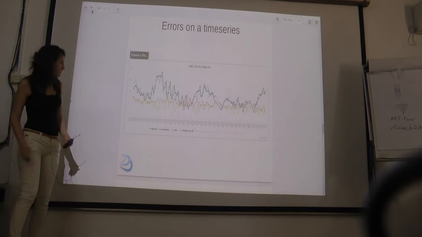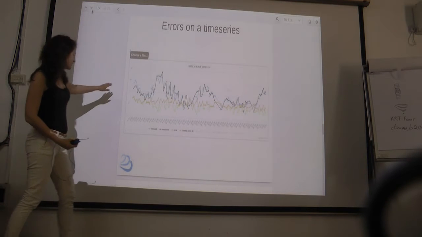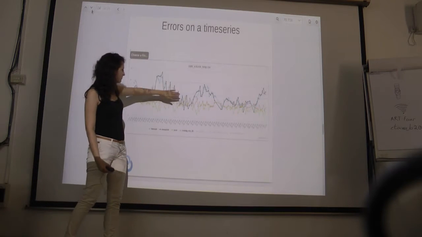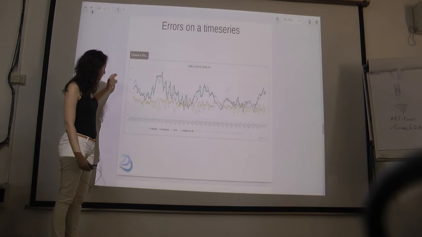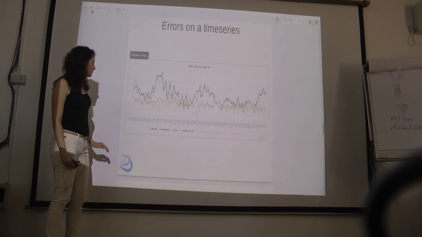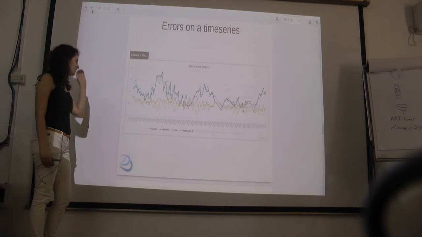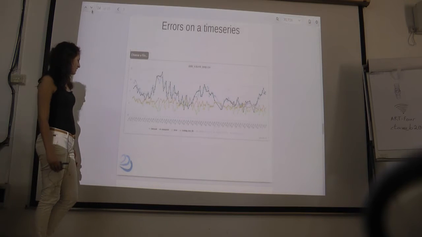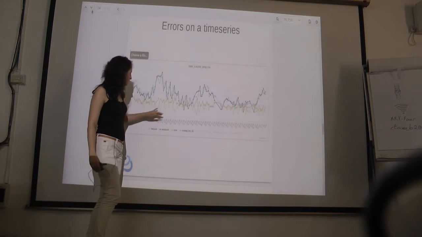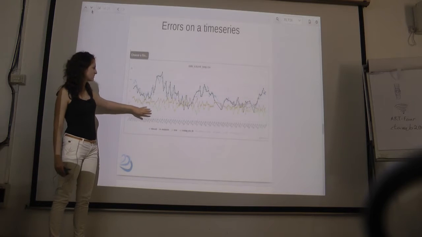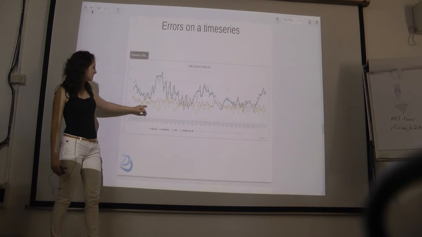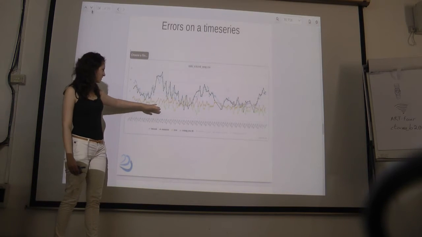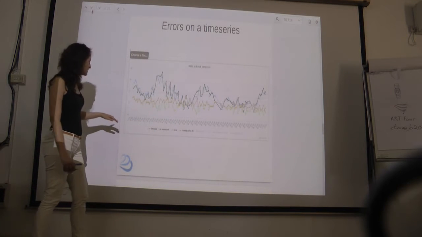This is a picture of it showing the time series of a forecast in a blue line and time series of the measurement or observation in a black line. And this is the forecast error, the green line, so it's just the absolute error. You can see where there was overestimation and where there was underestimation.